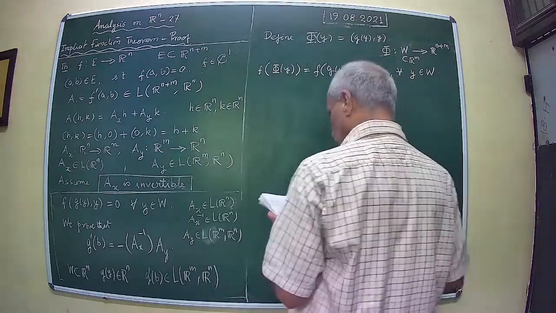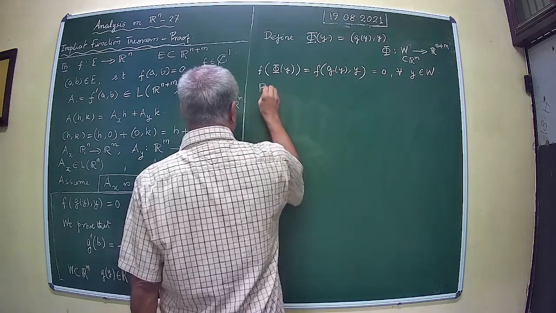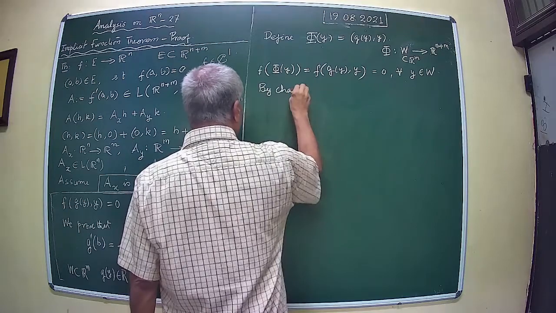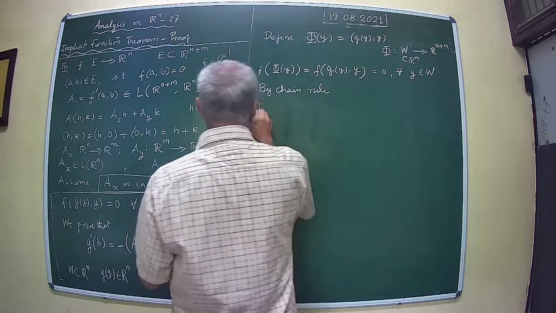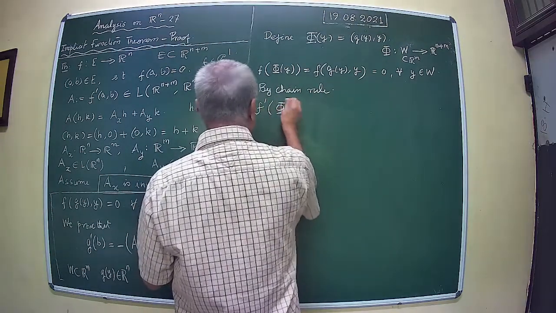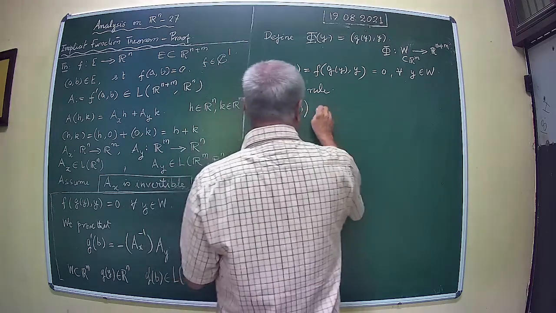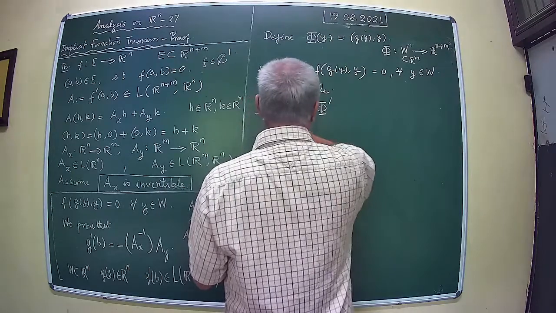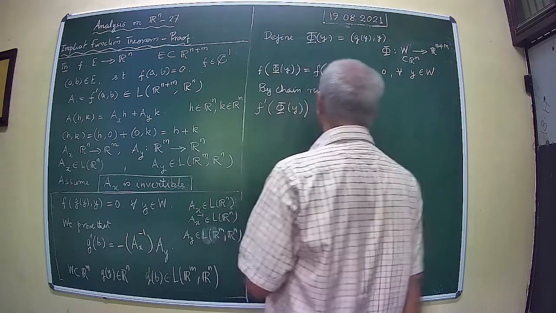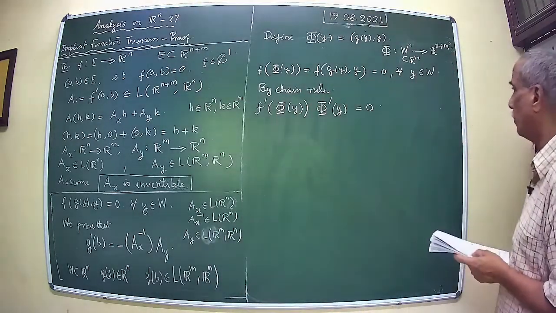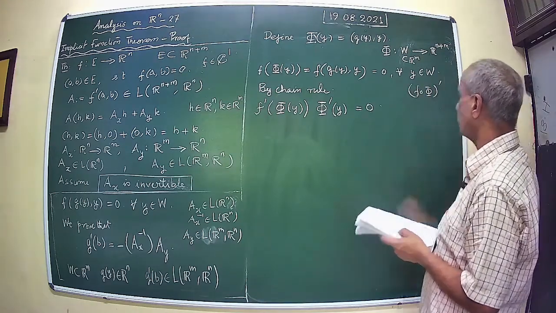therefore this is true. Now we differentiate using chain rule. We have F derivative at phi Y, phi derivative at Y, this is equal to 0. Because F of phi Y equal to 0, we are taking F composition phi, taking its derivative.